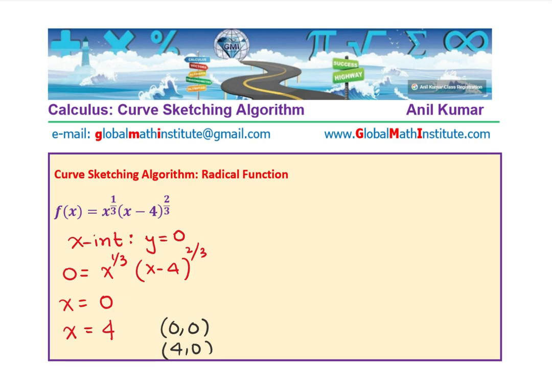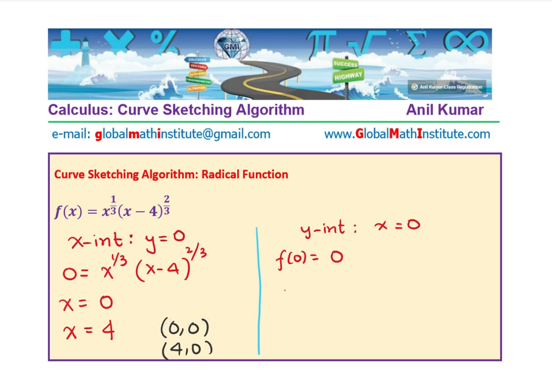Now let's look into the y-intercept. So y-intercept is very easy to figure out. Normally that is the first thing which you should do. That's the value when x is 0. So if I plug in 0, what do I get? I get 0. Which we could have seen from here also.